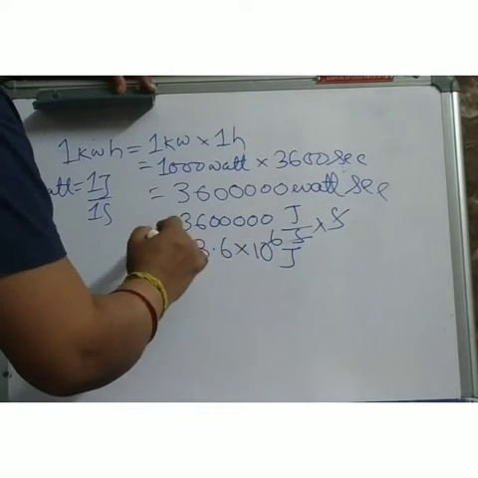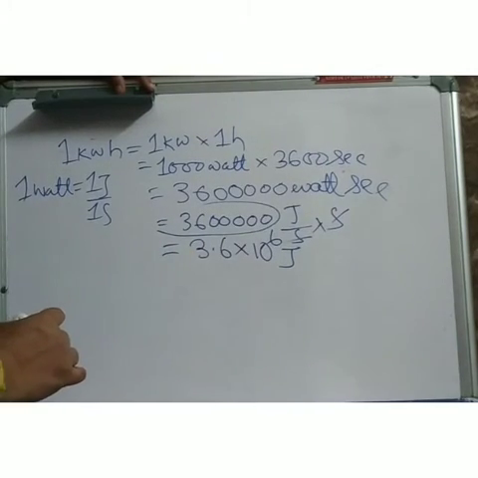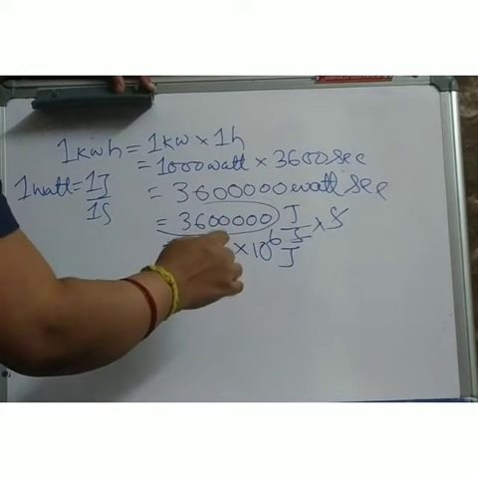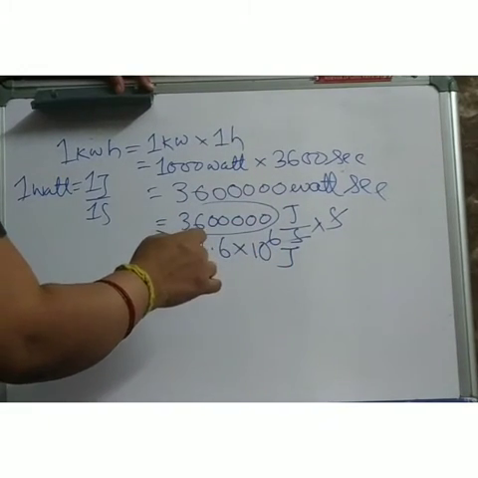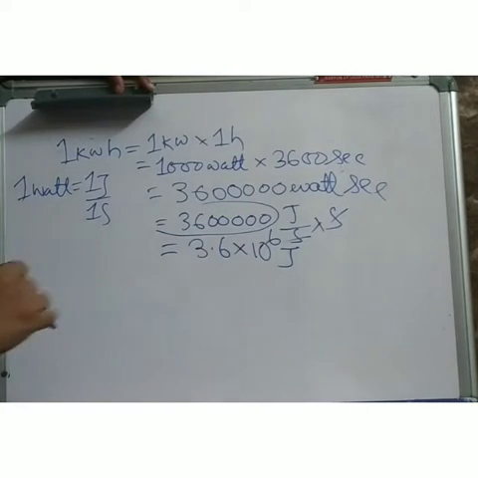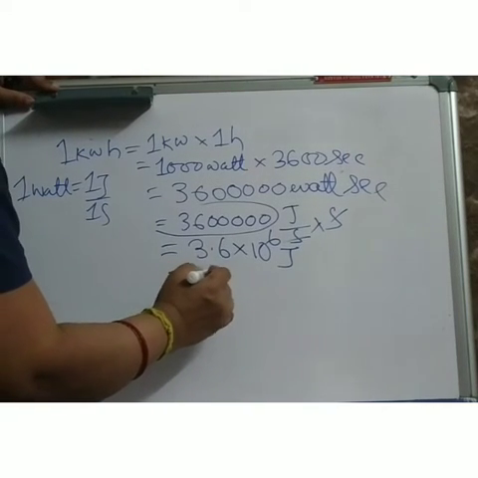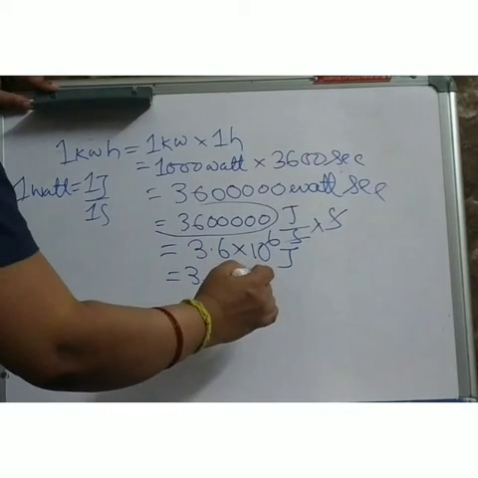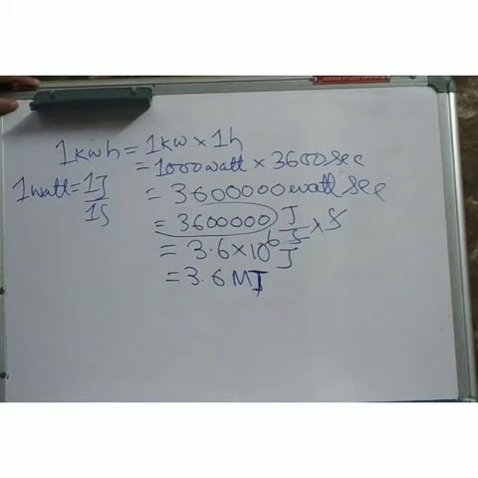Can I write this as this? Clear? 5 zeros, 36 into 10 to the 5. So 10 to the 5 means, divided by 10, it comes 3.6 into 10 to the power 6 joule. Or simply you can write 3.6 megajoule, because 10 to the power 6 is million, so megajoules or million joules.